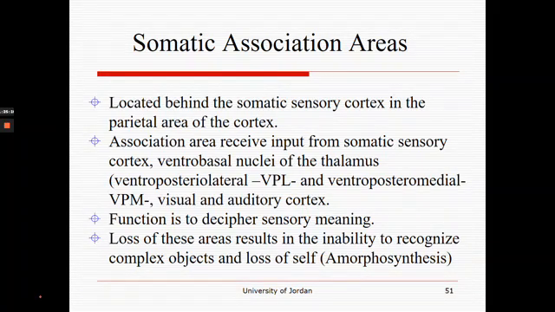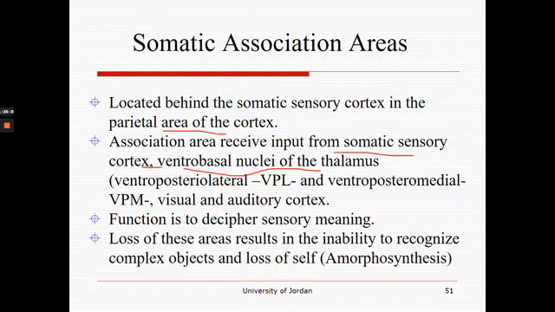It interprets the meaning of the primary sensation. Located behind the somatic sensory cortex in the parietal lobe. It receives inputs from the somatic sensory cortex, the ventrobasal nuclei of the thalamus, VBL and VBM, and visual and auditory cortex.